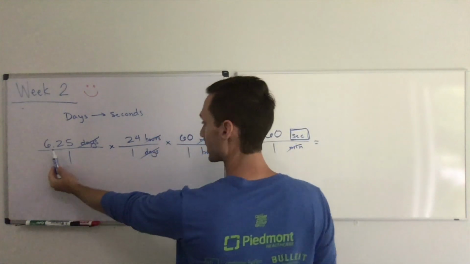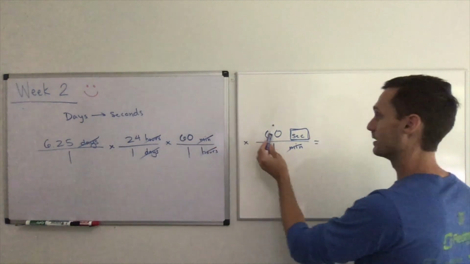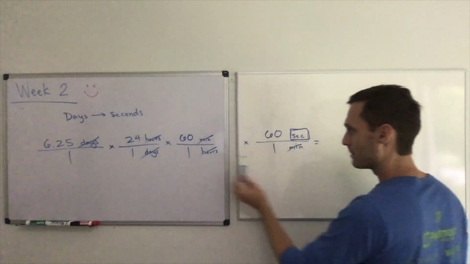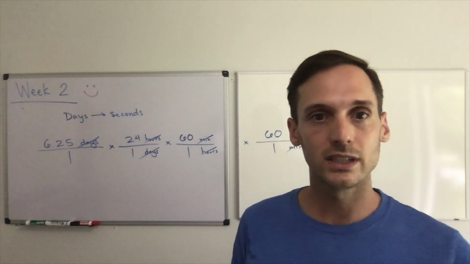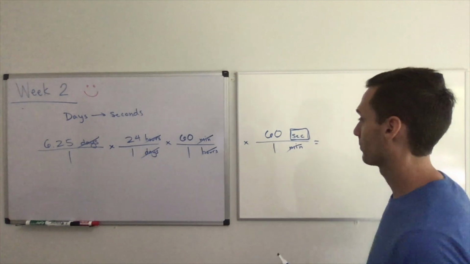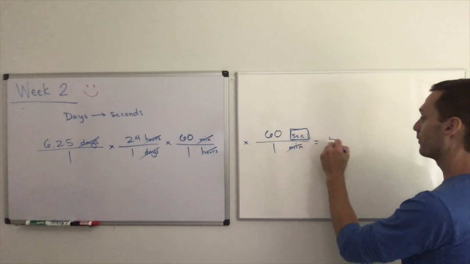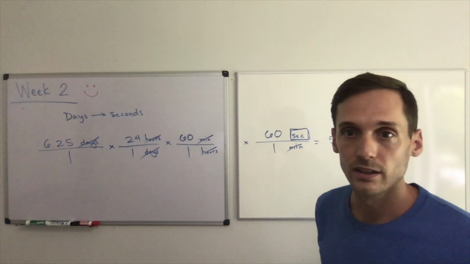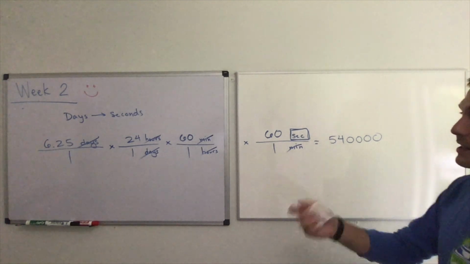You could do 6.25 times 24 times 60 times 60 divided by 1, divided by 1, divided by 1, divided by 1. In this case, you don't even have to do that because dividing by 1 is not going to change your number. Okay, but you would get 540,000 seconds in 6.25 days.